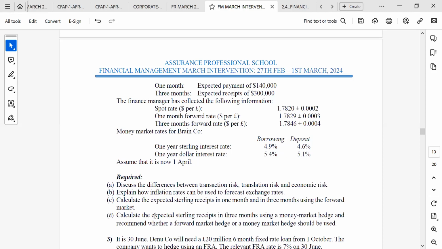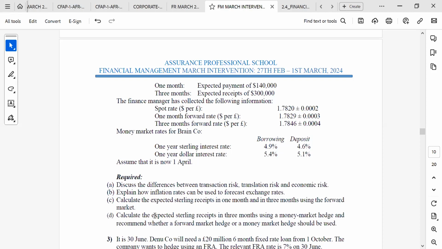The assumption is that the only thing affecting the exchange rate movements in the two countries will be the respective inflations in those countries. So what we do is factor in the inflation in the two countries.